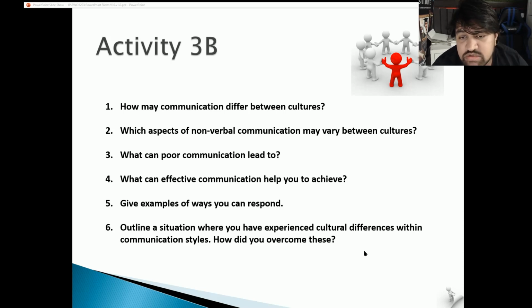Okay, so number 2, which aspects of non-verbal communication may vary between cultures?